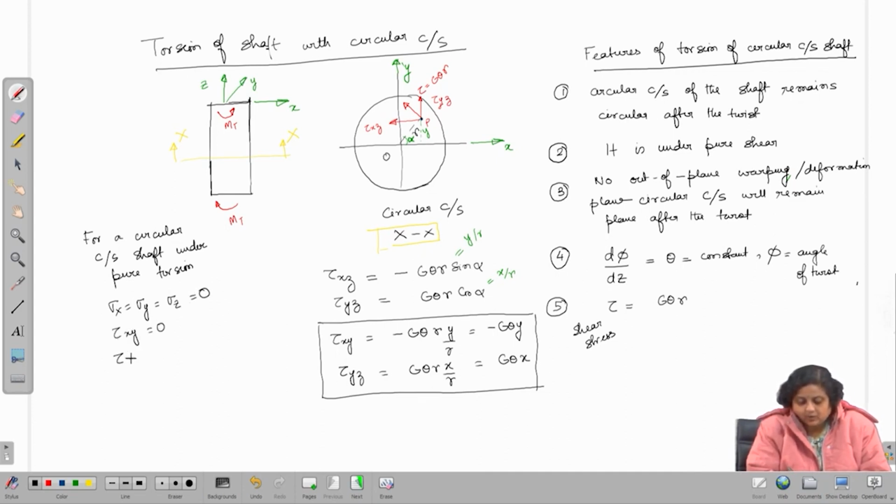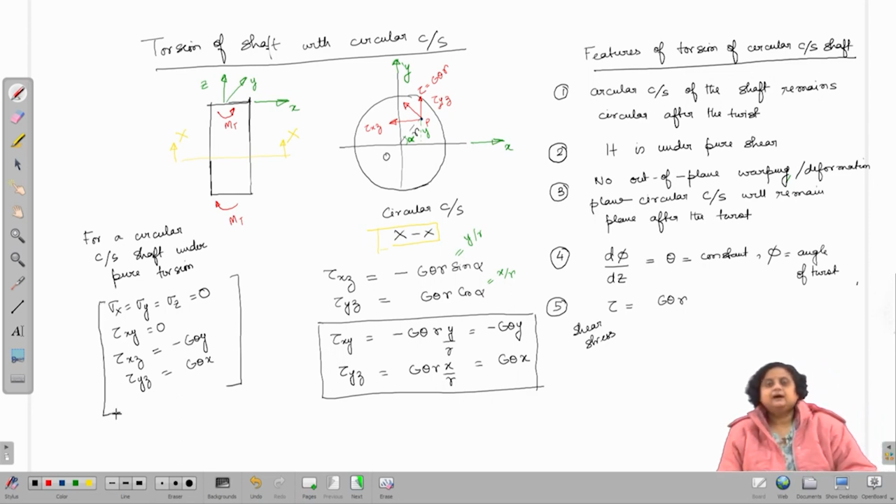The only non-zero stress components are tau xz, which is minus G theta y, and tau yz, which is G theta x. These are the stresses in the cross section of the shaft.